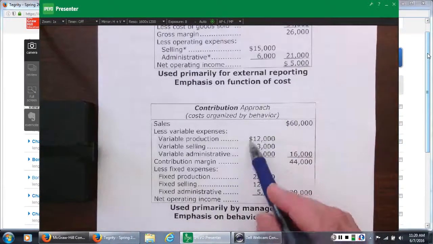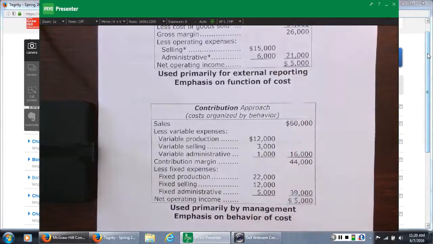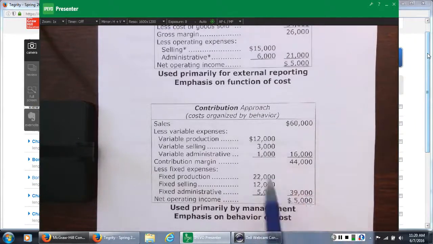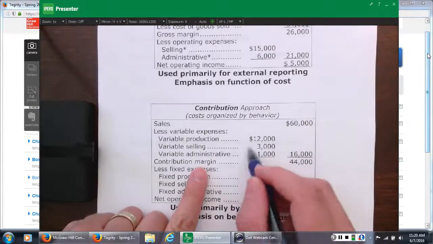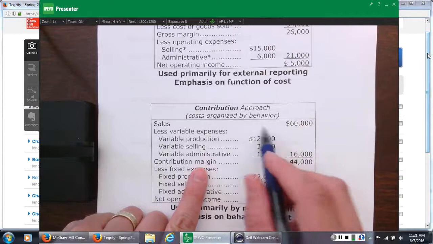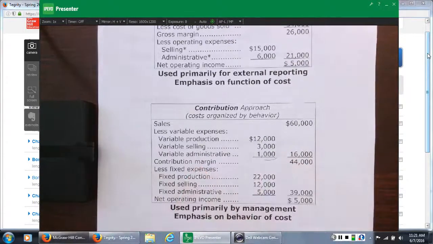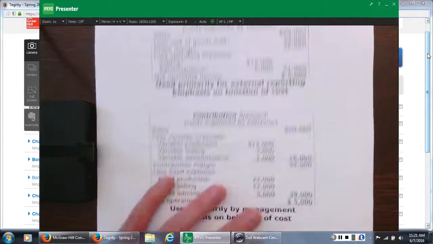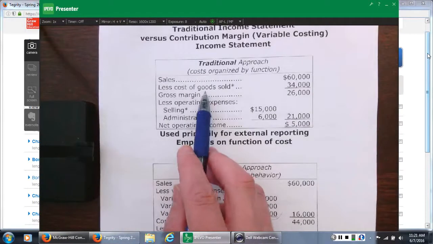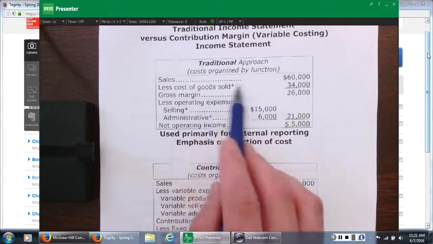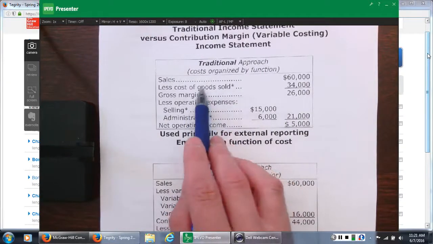You can see one reason that this would be better for internal financial reporting is that it's organized by cost behavior, so it lets us figure out these costs on a unit basis, and we can say these are our variable costs per unit, and then we can use that quickly for cost estimation and also for cost volume profit analysis. Versus up here with cost of goods sold, if we're talking about a manufacturing company, we're pushing down some of fixed manufacturing overhead to cost of goods sold.